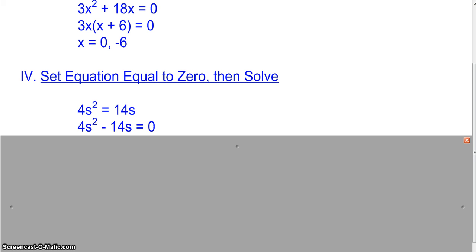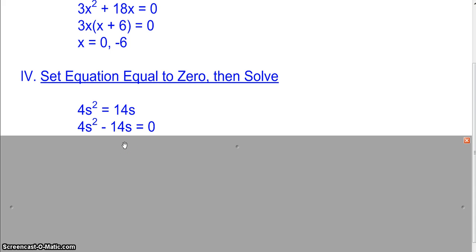Good, so you want to factor it, and he says the GCF here is 2s. So what would be the binomial then? 2s times what equals this? 2s times 2s, okay. And then 2s times what equals 14?